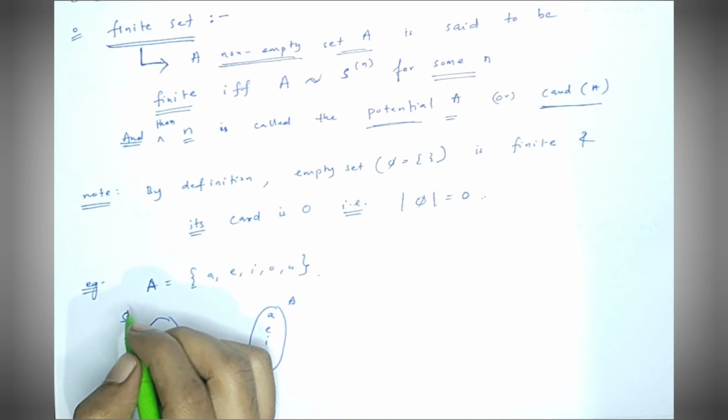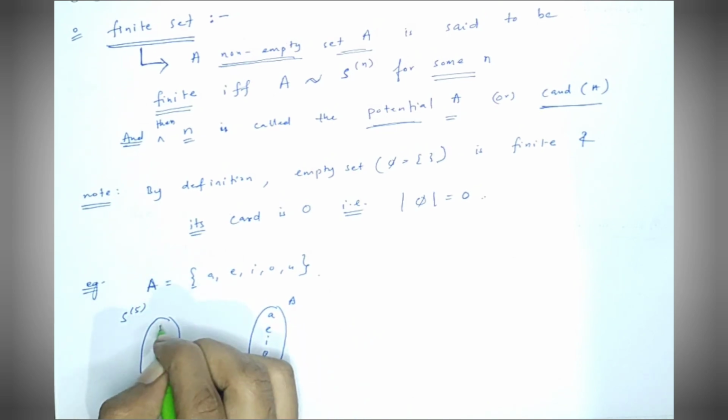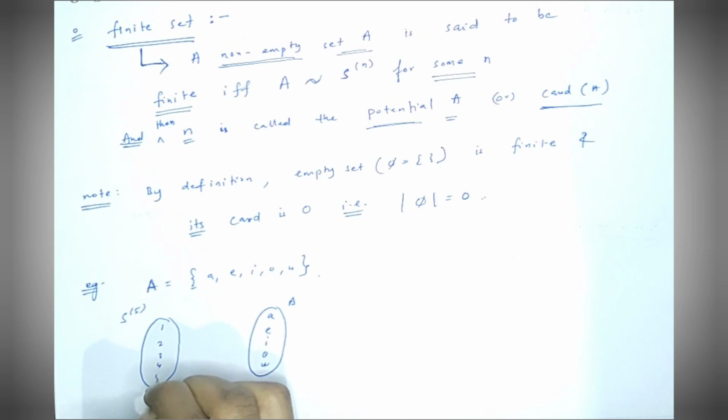Therefore, we'll take the initial segment of natural numbers as 5: 1, 2, 3, 4, and 5.